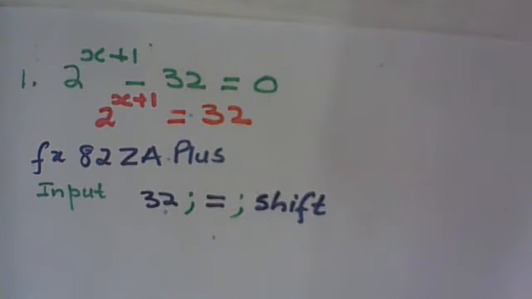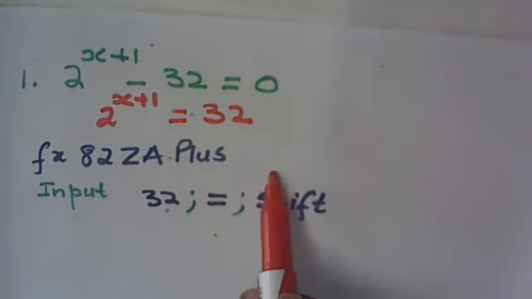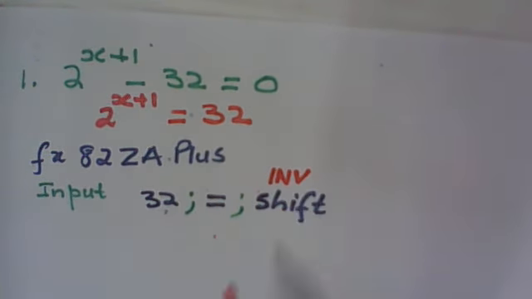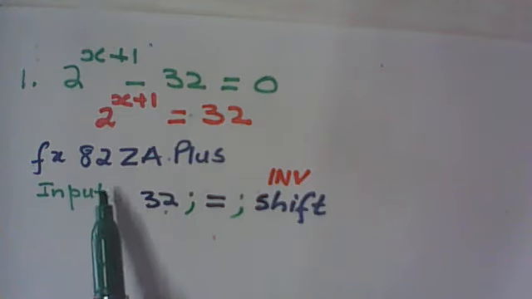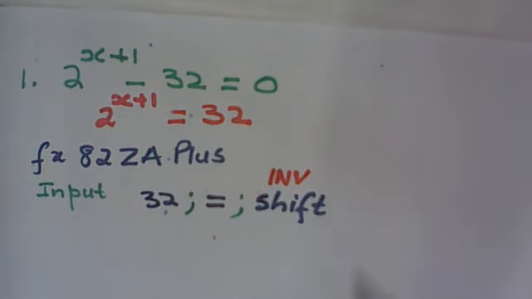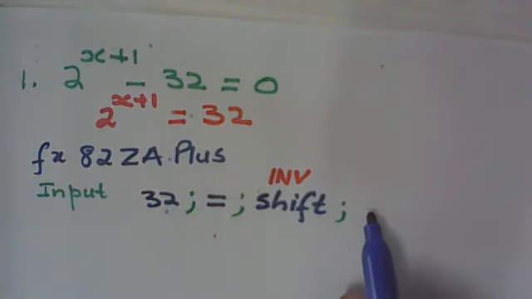In other calculators you will find it written as inv, the inverse. But in the fx-82ZA Plus, it's shift, and then the next punch in is shift again, and then you will see fact.